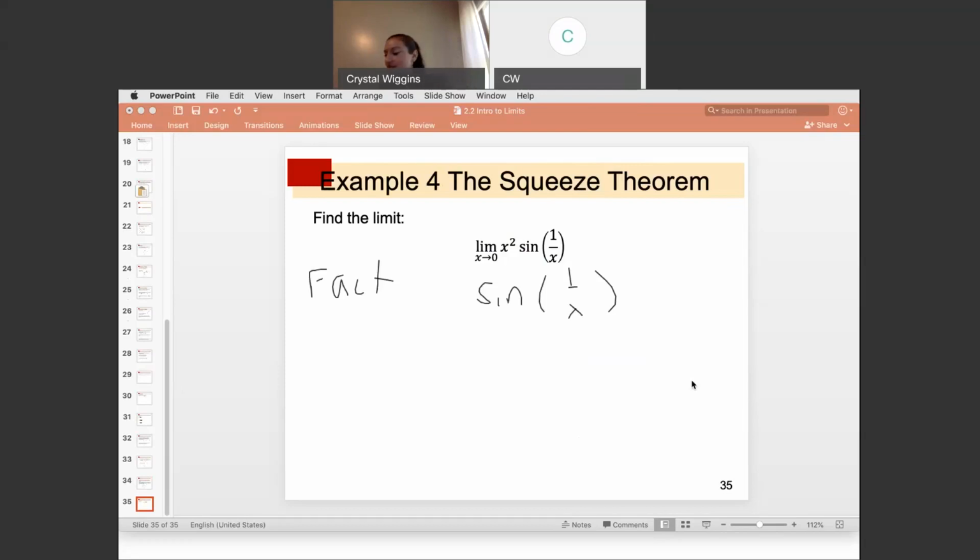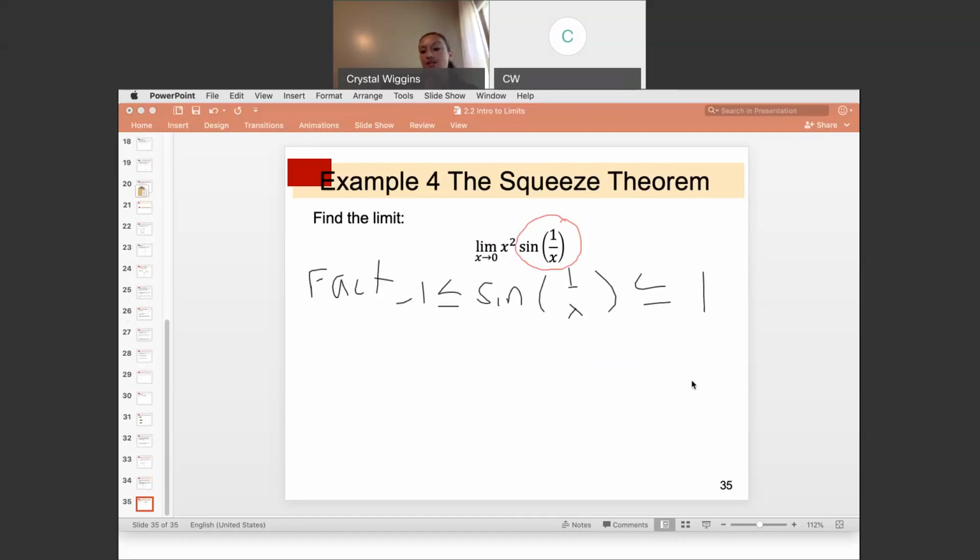This particular sine function bounces between the values of -1 and 1, and you would know that by graphing or by knowing a little bit about the sine function itself. Notice how I focused on the part of the original expression that I knew something about, and it was squeezed between two numbers.